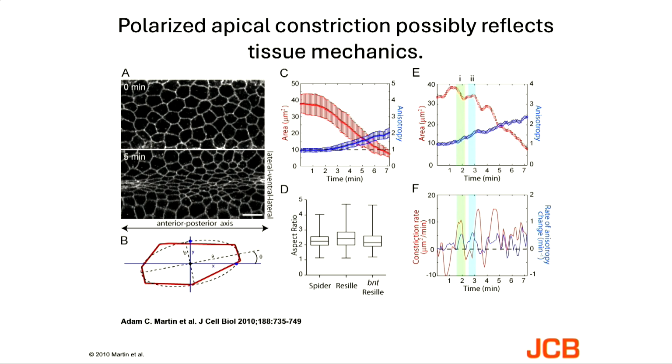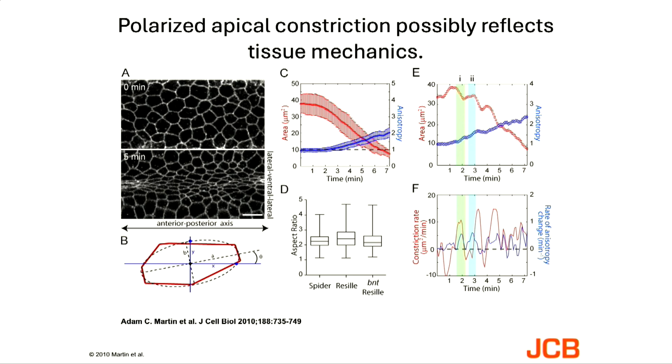So any kind of uneven shape change can be represented by this measure, which is called anisotropy, where what they're trying to measure is just the diameter in this axis as compared to this axis, and the change in this diameter in the long axis versus the short axis will give you the rate of change of this particular structure or shape of this membrane.